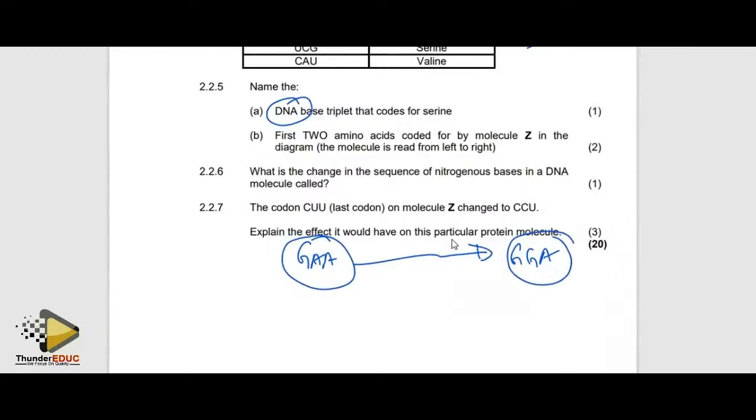It's like having two names: I call you with the first name, you say yes, sir. I call you with the second name, still you say yes, sir. But if I call you with a different name, you won't say yes, sir, because that's a different person. So if this codes for the same amino acid as this, the protein will remain the same. But if this codes for a different amino acid, then the protein will change.